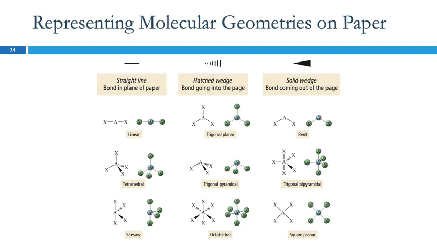And this one's jumping out at you. So if I'm trying to make methane that's a tetrahedron, what you want to do is put as many of those atoms in a plane as you can. And then I've got one that's going to be jumping out and one that's going to be going behind.